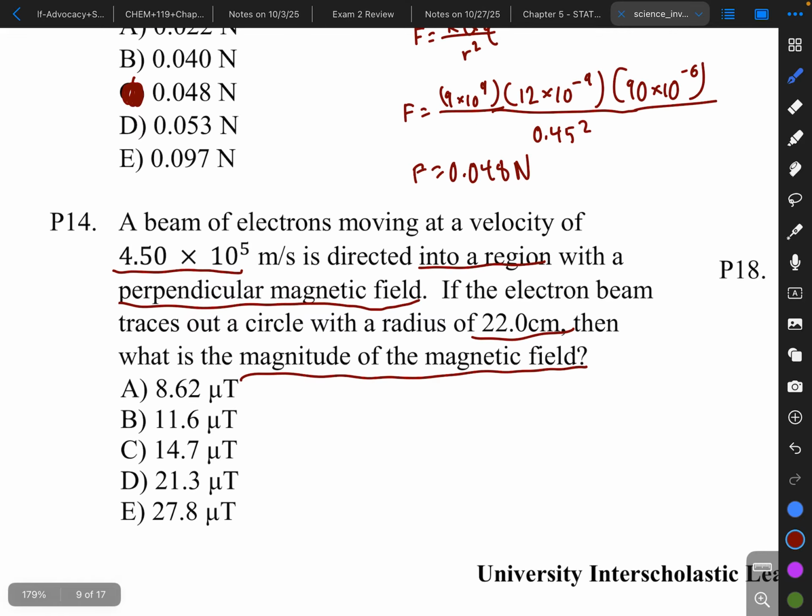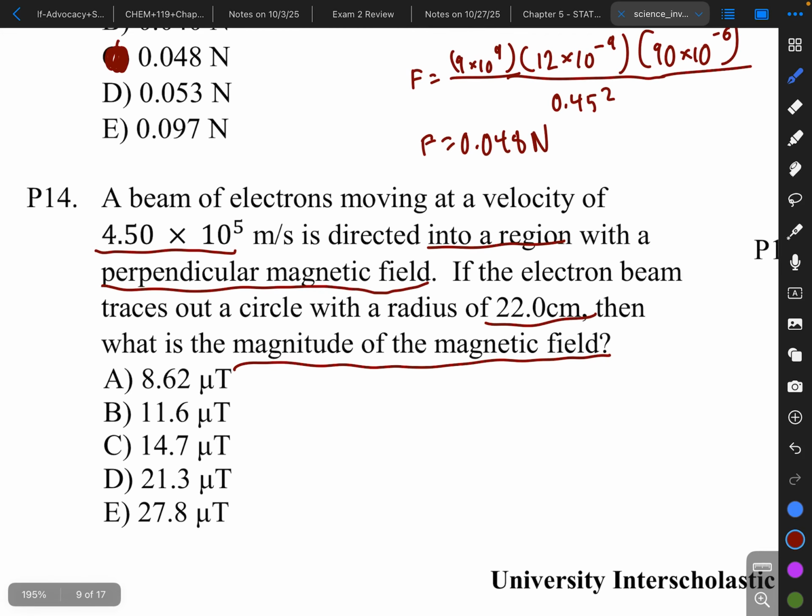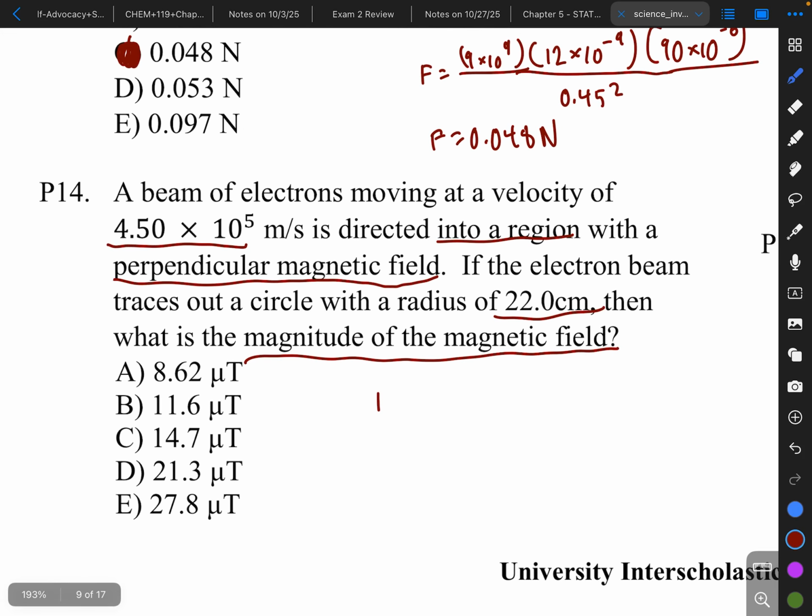We'll start off with some important formulas you will have to know for this one. We know that electrons are tracing out a circle with a radius due to a magnetic field. Why are they tracing out a circle? It's because the magnetic field is exerting a force on these electrons to cause them to form a circle.